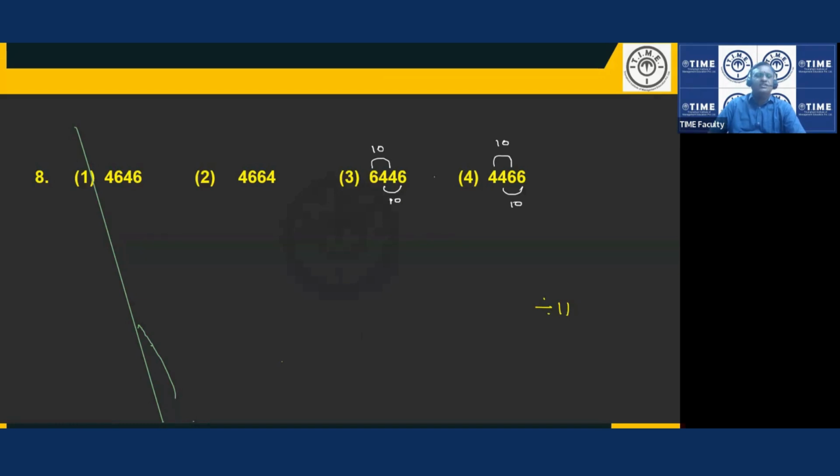Difference is 0. Divisible by 11. Second option, 4, 6 is 10, 6, 4 is also 10, then difference is 0. So divisible by 11. But in option number 1, 4 plus 4 is 8, 6 plus 6 is 12. Difference is not 0 or a multiple of 11. So except in option number 1, all are multiples of 11.